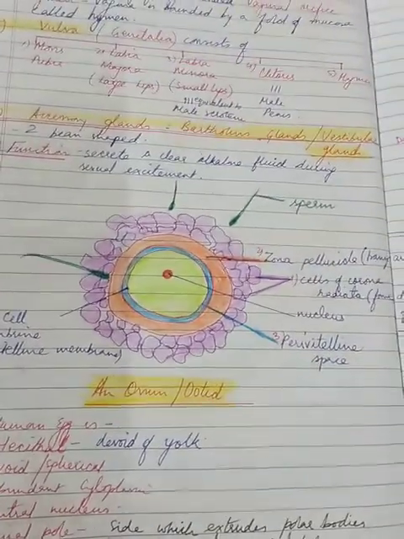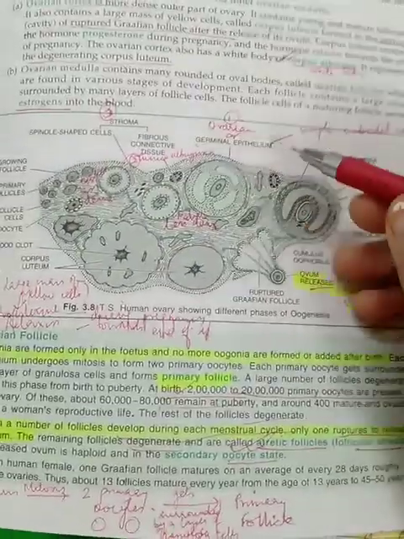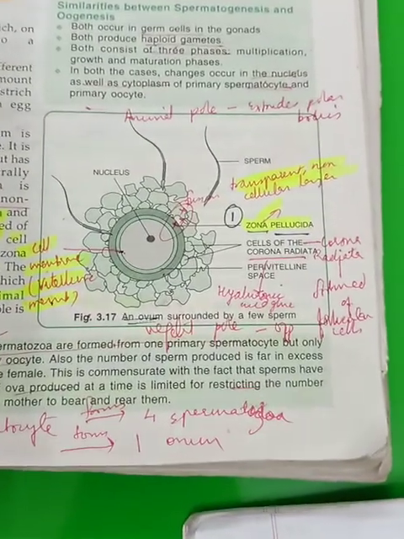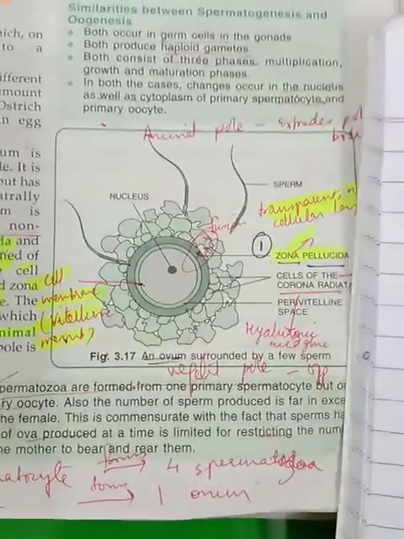So today's diagrams for you to practice are: number 1, the TS of ovary, which is extremely important, I told you. The second is the front view of the female reproductive system. And the third is this diagram of an ovum or oocyte. In your book, it is at page number 115. You should be able to explain this and also draw it and label it well.